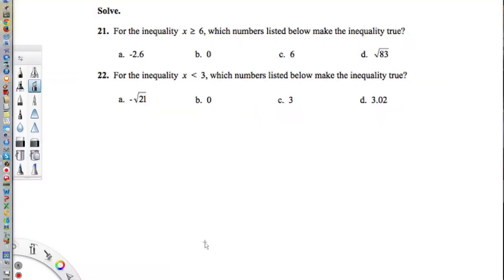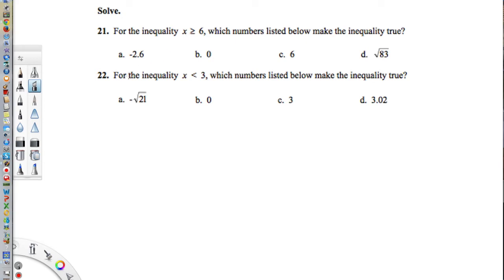Next, let's flip over to the other side of the worksheet, and now we have some inequalities that we're looking at. These aren't equations, they're inequalities. And for number 21, it says for the inequality x is greater than or equal to 6, which number listed below makes the inequality true?